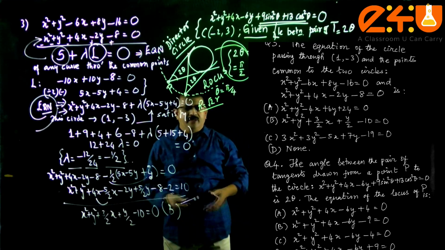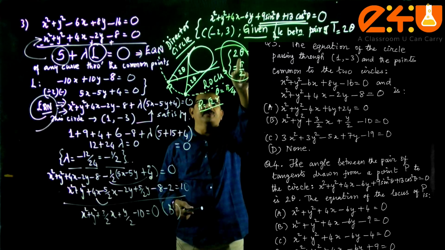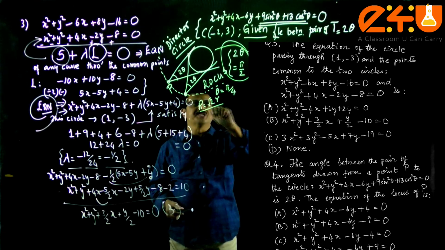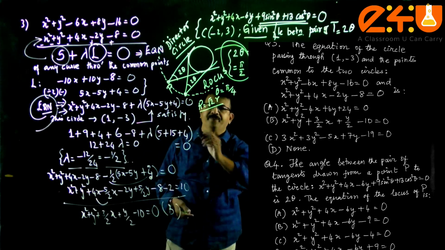Well, going by that concept, I am going to now treat 2 theta as pi by 2, theta as pi by 4. Treating theta as pi by 4, let us modify the given equation.